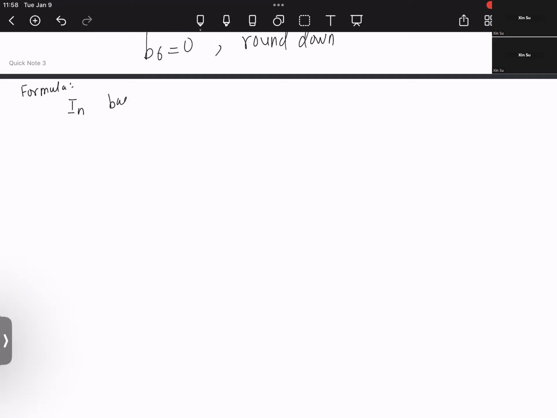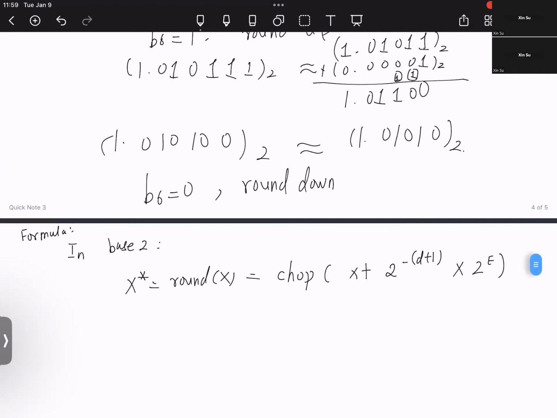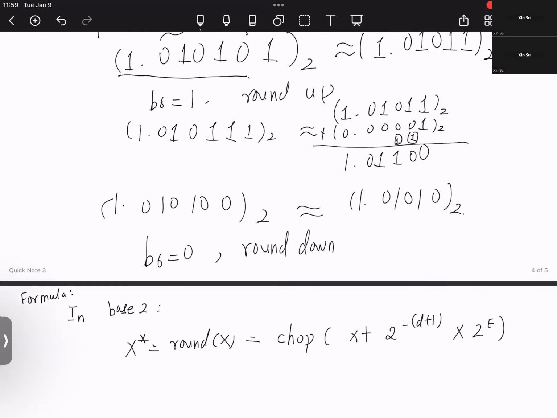So in base 2, this is the approximation of x, and this is the rounding, and chop, this is the chop or truncate. This is the d plus 1 times the 2^e. And this means that this is one general formula for the rounding up or rounding down.